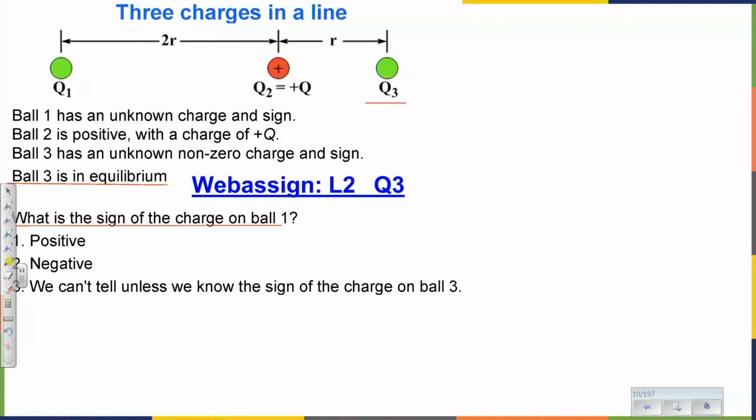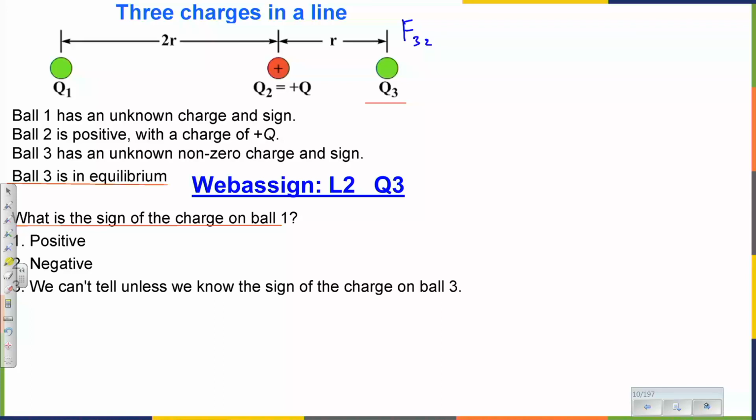How? Why? There is a much clearer explanation why we cannot say. F on 3 from 2.